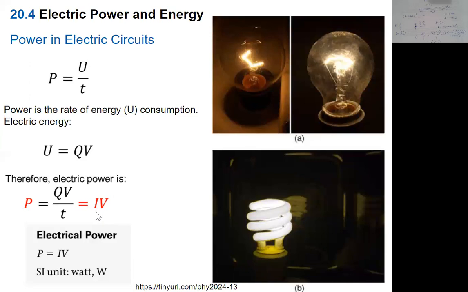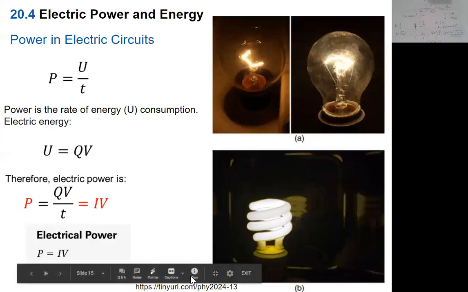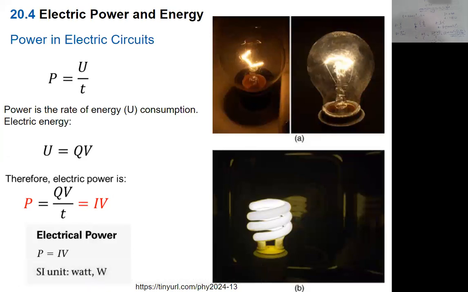If you know the current going through and the voltage across it, you can calculate how much power it consumes. Power is in the SI unit of watts. So P equals I times V or V times I, either way.